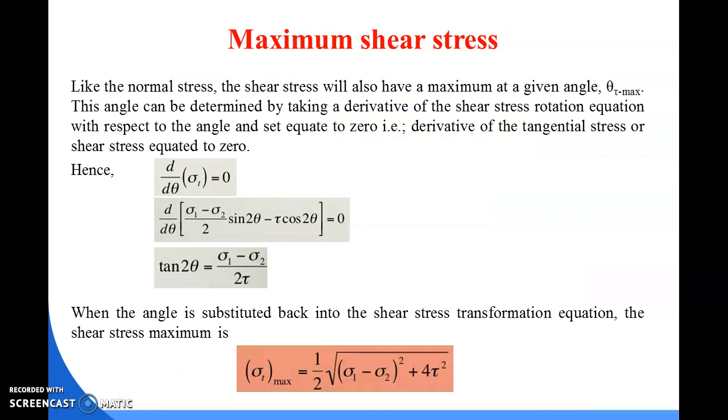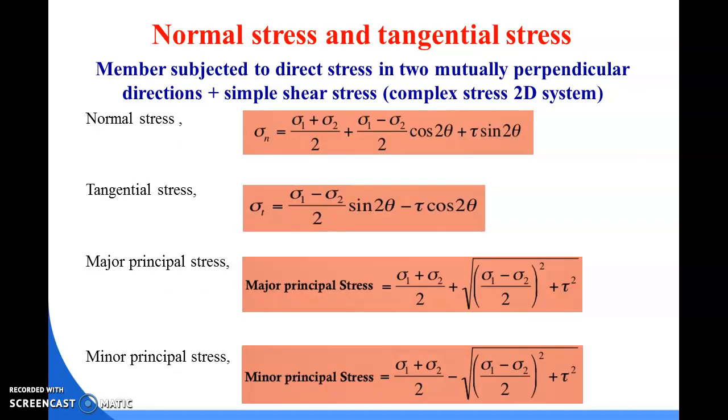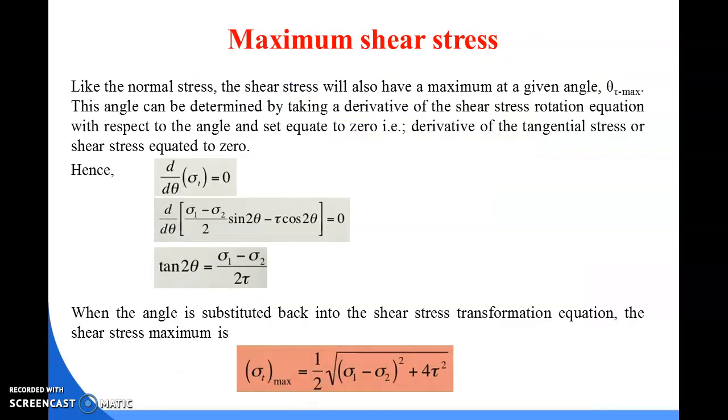Here you just differentiate the tangential stress and equate it to 0, by which you get sigma t max, the maximum shear stress, equal to half of the root of (sigma 1 minus sigma 2) square plus 4 tau square. It is only applicable when sigma 1, sigma 2 and tau are given.